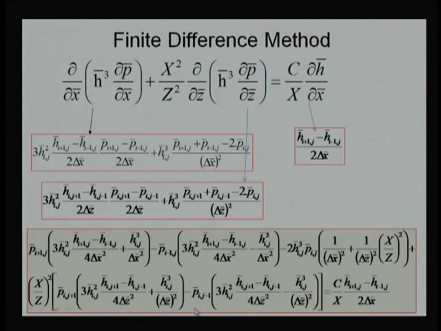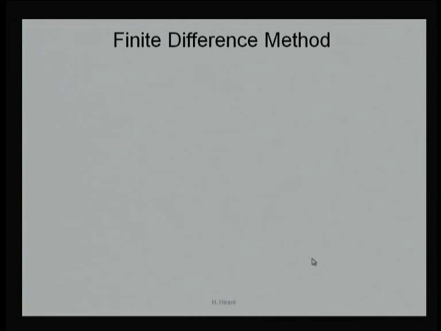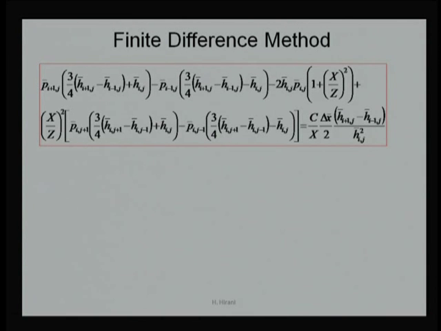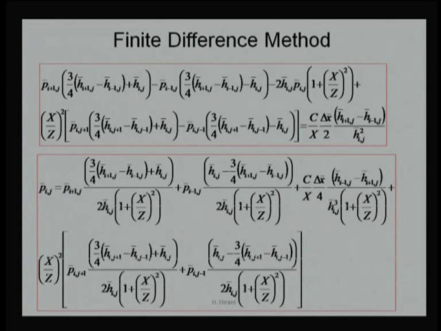Now, this can be rearranged because at any time we need to find out what will be p I j for given values of p I plus 1, p I minus 1, p I j plus 1, p I j minus 1, and the source term. That is why we need to rearrange the equation in such a manner that we can find p I j. That can be arranged something like this.